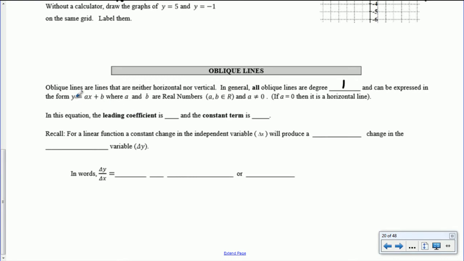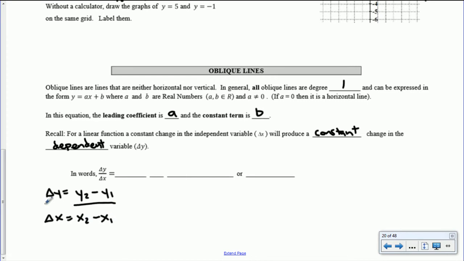So in this equation here, the leading coefficient is a and the constant term is b. Recall, for a linear function, a constant change in the independent variable will produce a constant change in the dependent variable. So in words, delta y over delta x, we've seen this before. Delta y is like that formula we looked at last time, x2 minus x1.